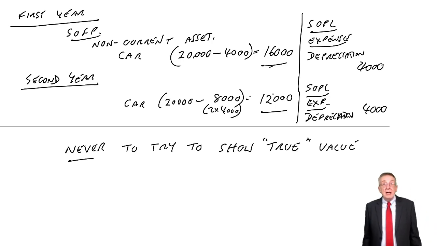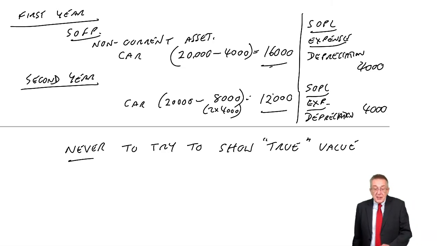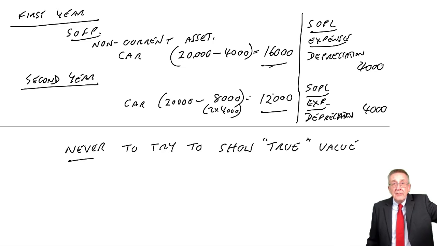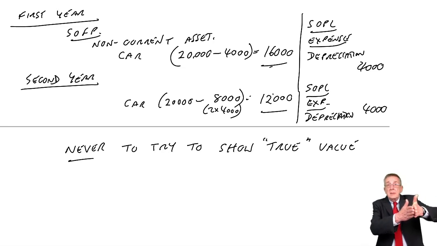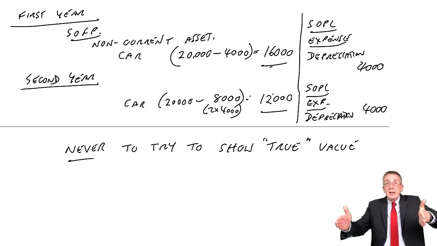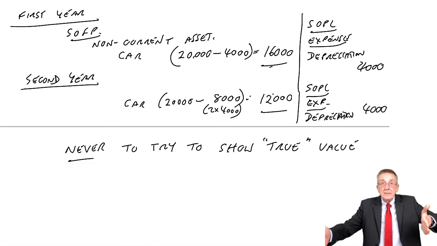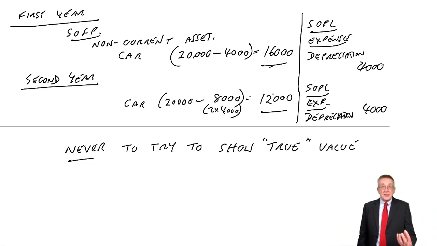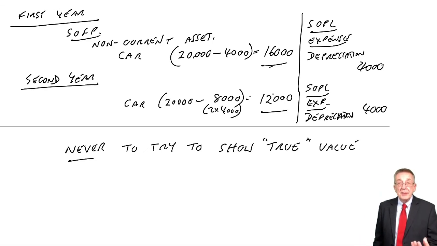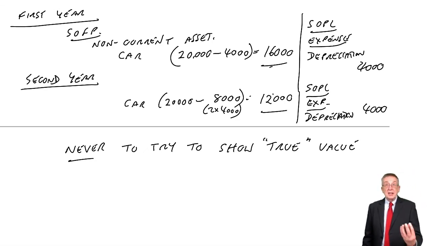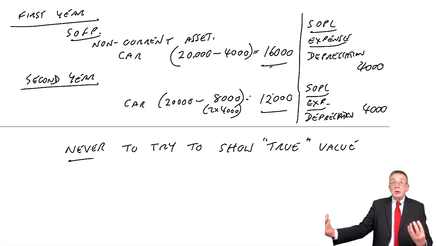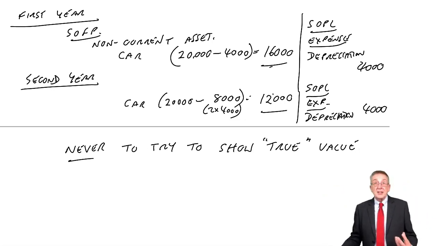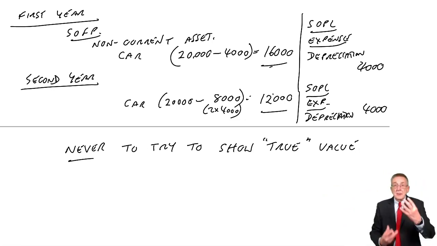The car, it is a cost of running my business. I need the car. But I'm not going to be spending money every year. I spend 20,000 this year. And I'm not going to spend any more for another 5 years. Then I'll spend another 20. And it would look rather stupid to show an expense in the statement of profit and loss of 20,000 this year, then no expense at all for the next 4 years, then another big expense, the profit going up and down.